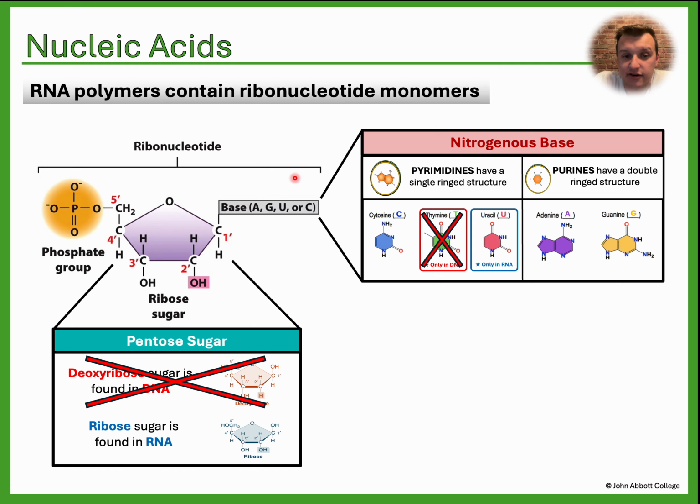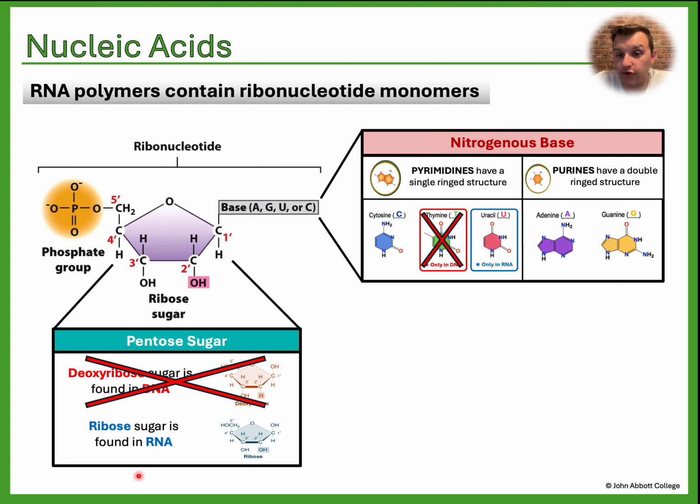The base here, right, remember in DNA we said it was A, G, T, or C. The nitrogenous base for an RNA, we have the pyrimidines, which are C and U for RNA, but in DNA it was only C and T, right?